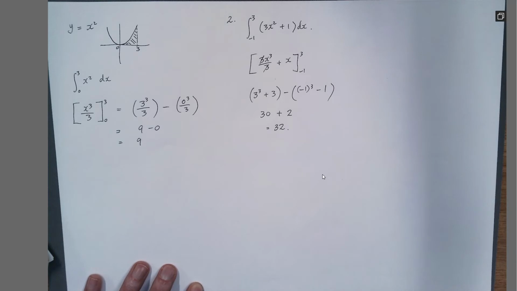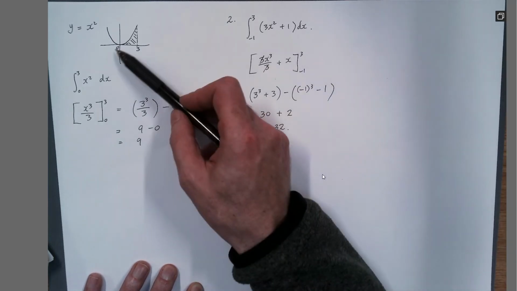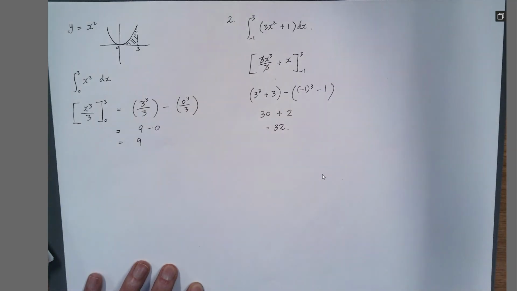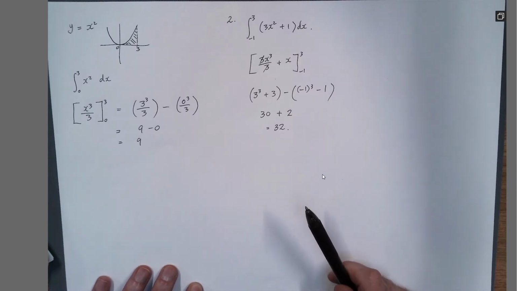Okay, so next you have a different example: find the area between a curve and the x axis. Now just to hold back the revision: you start by sketching the graph.